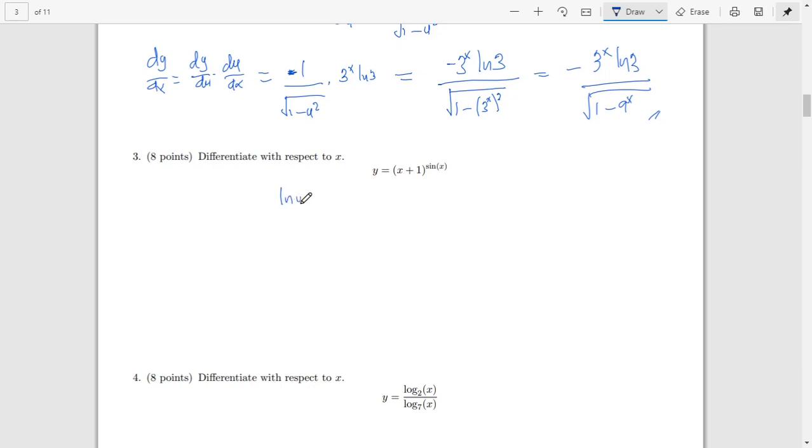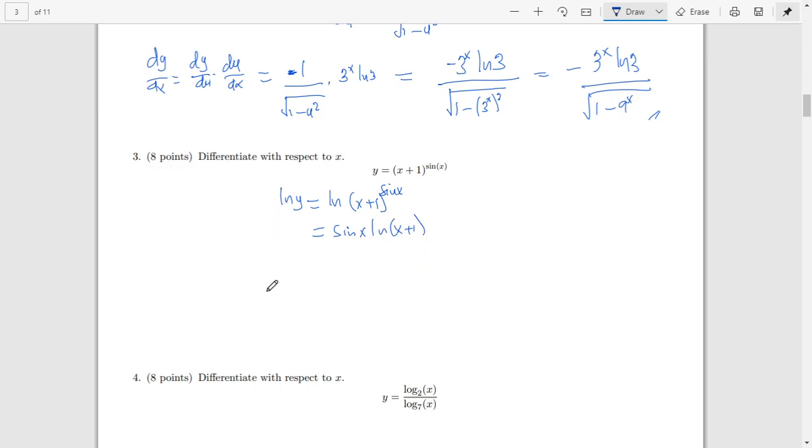So my natural log of y would be equal to the natural log of (x plus 1) to the power of sine x. However, by the law of logs, this power comes down to multiply the log. So I'm going to have sine x ln of (x plus 1).